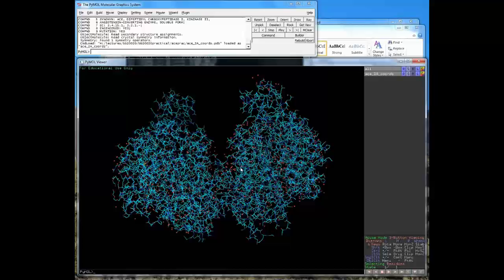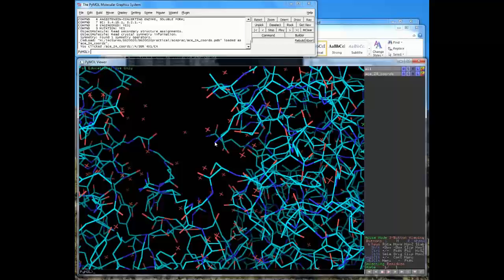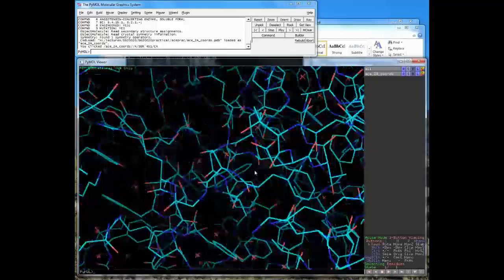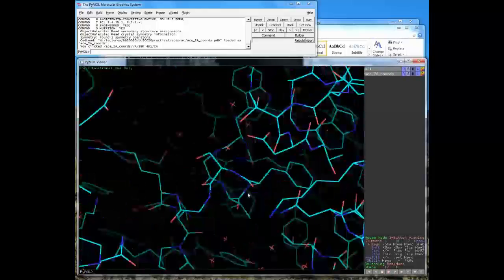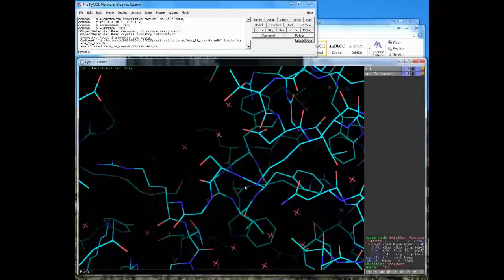And if we zoom in, that's centering, and then dragging with the right mouse button down, what we can see is how these atom positions have been plotted. And also if you scroll the mouse wheel, you can sort of slab it so you don't have to look at all the atoms at once.